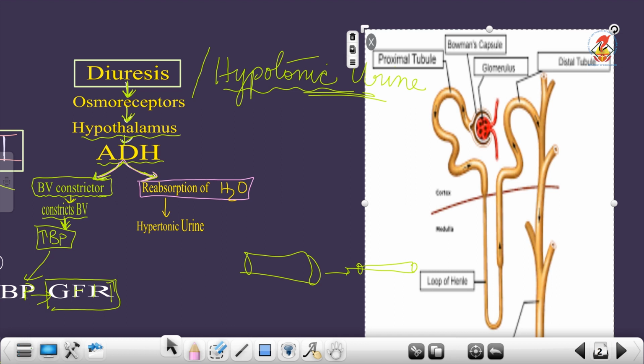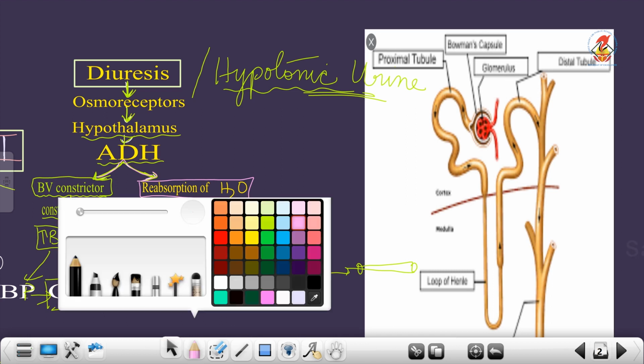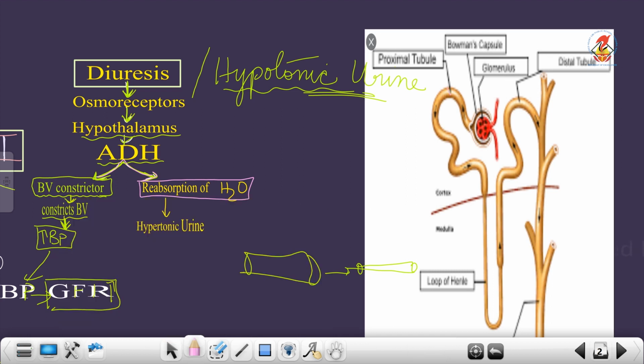We saw that at all the segments water is reabsorbed: from the PCT, from the Henle's loop, from the DCT and the collecting duct. So we have to incorporate all that. Reabsorption of water from PCT, Henle's loop, DCT and collecting tubule.